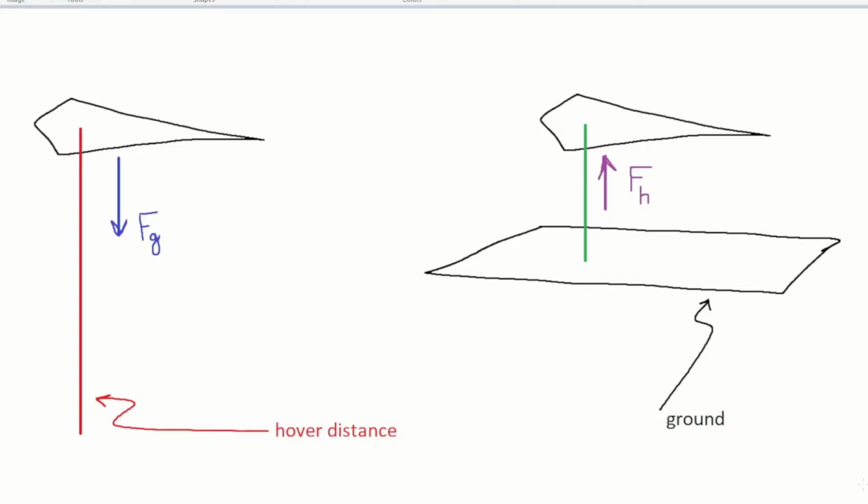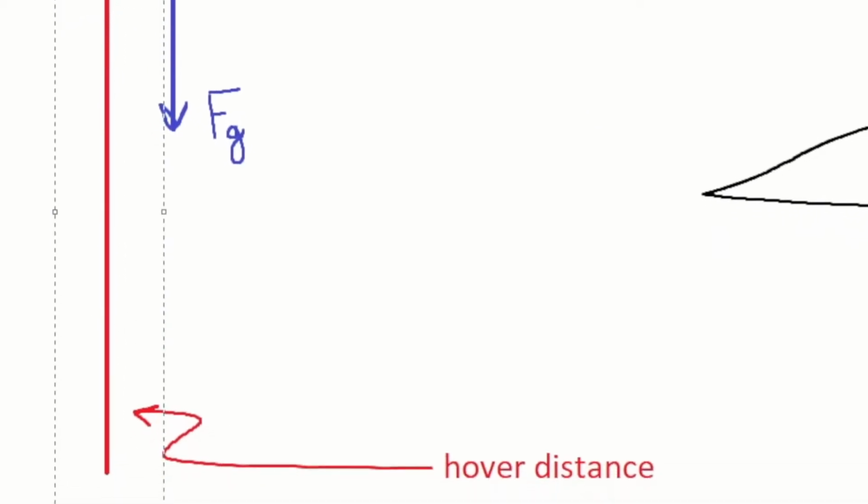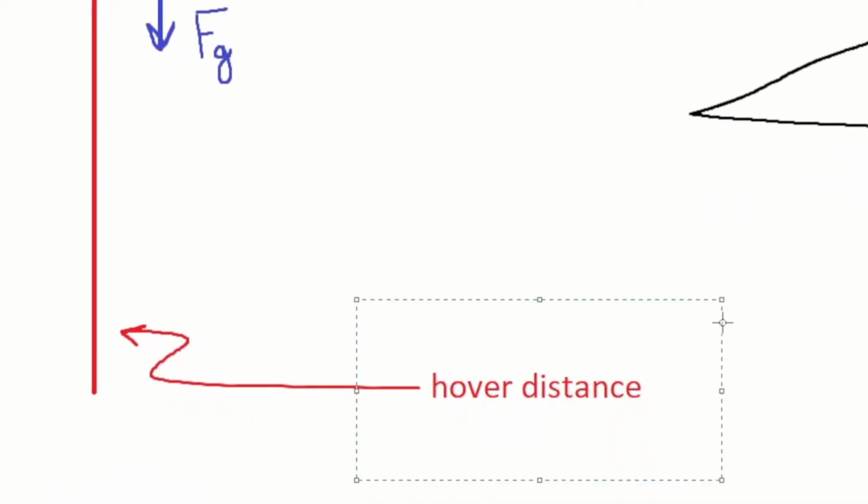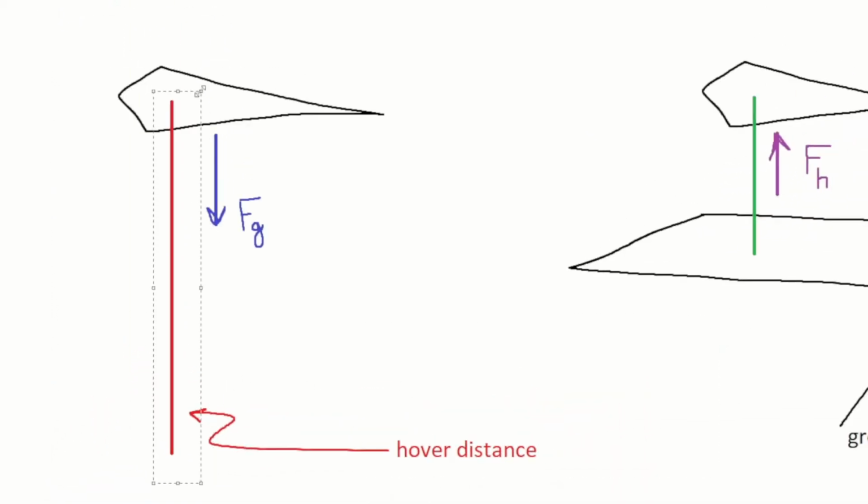I'm going to start off by implementing the hovering, and so essentially I'm going to do a raycast down, which is going to have a maximum distance of hover distance, and if that raycast does not detect anything, it will apply a gravitational force downward. So the spacecraft will move down.